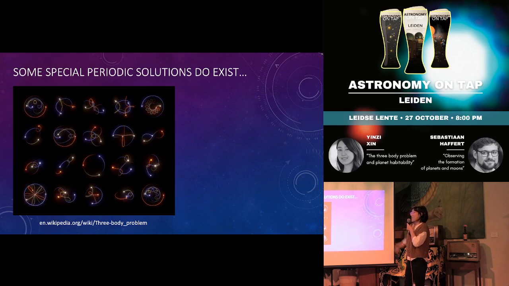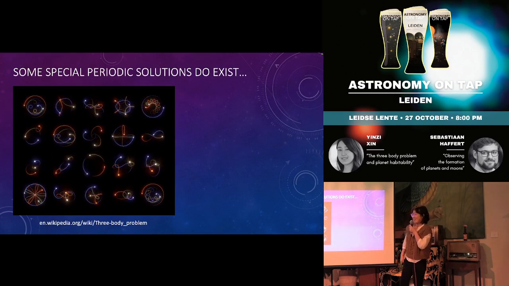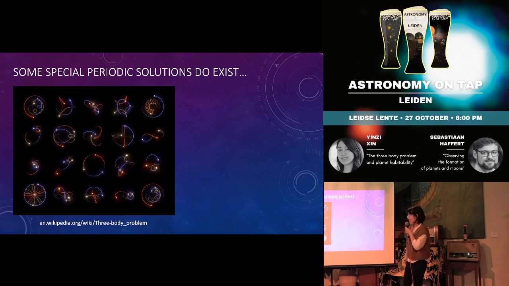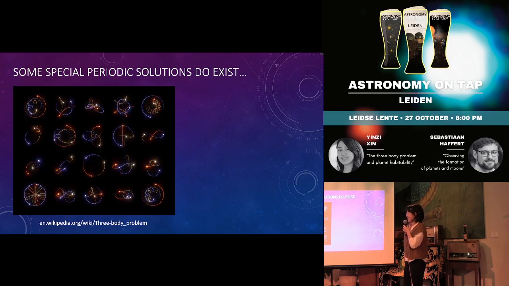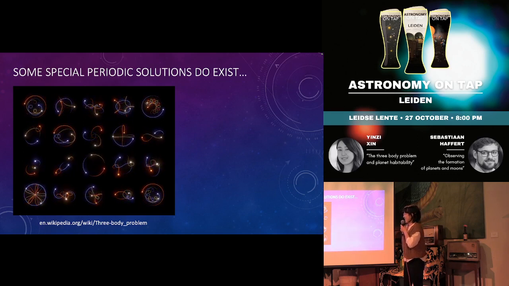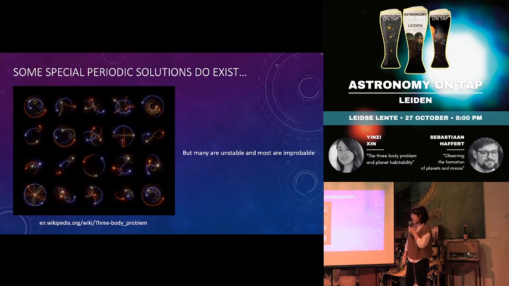And then this is actually something I learned while trying to put together this talk. Apparently there are special periodic solutions to the three-body problem. And so this is a really cool GIF that I found on Wikipedia. It's really fascinating to look at. I stare at this for a long time.